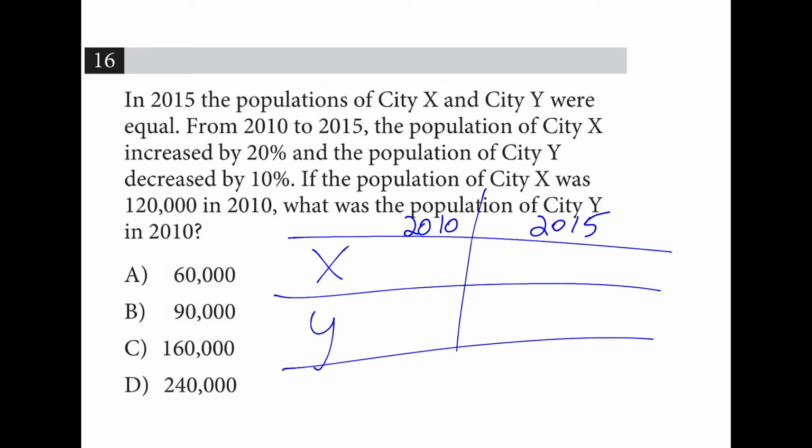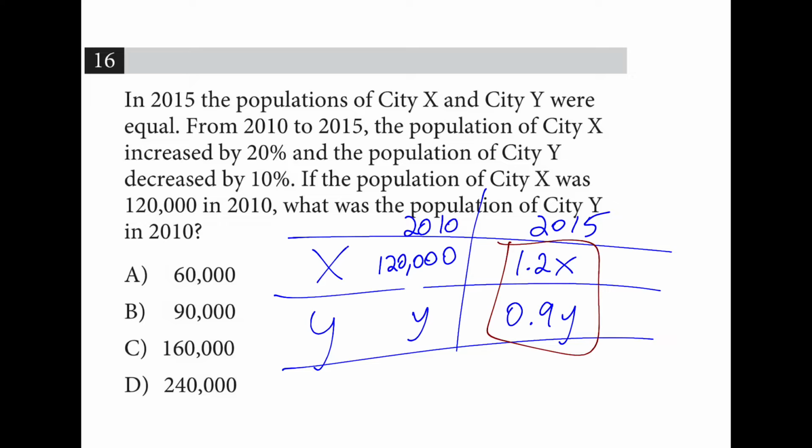So here's my chart. In 2010, we had a population X, and over time it increased by 20%, so 1.2x. In 2010, we had a population Y that decreased by 10%, so now we have 0.9y. We also know that this population is 120,000, and we know that these two are equal to each other.